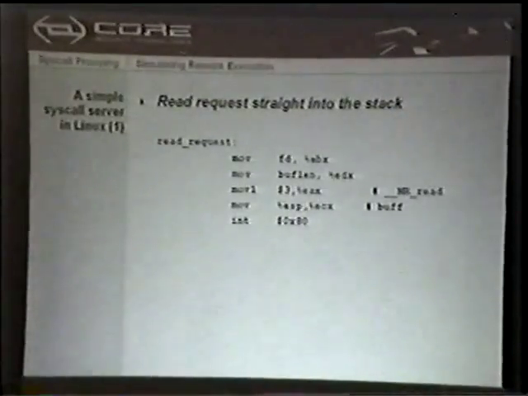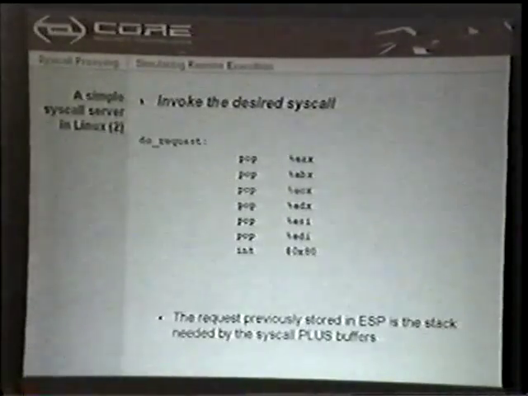Some important parts of the server: where we read into the stack, where the server reads the request from the client. It's basically just a call into read, but the most important thing is that the buffer or the pointer for the read is just ESP directly, so that we don't have to do anything complex with that.